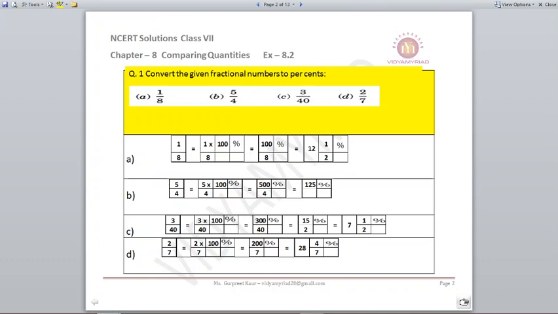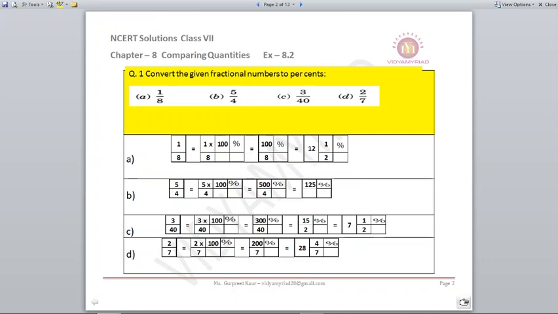So 1 upon 8 will become 1 upon 8 multiplied by 100%. That will be 100 upon 8, and thus you can convert it into a mixed fraction and it will become 12 1 by 2%. Next, 5 by 4 multiplied by 100%. It gives you 500 upon 4%, which is 125%. Number 3, 3 upon 40.